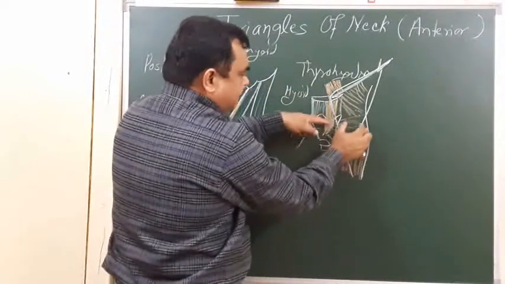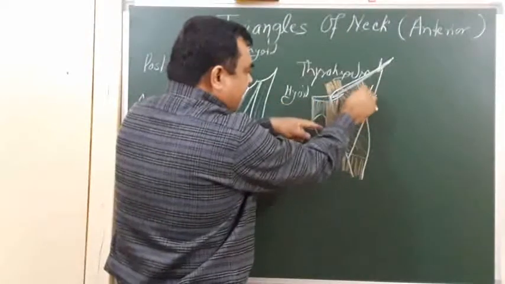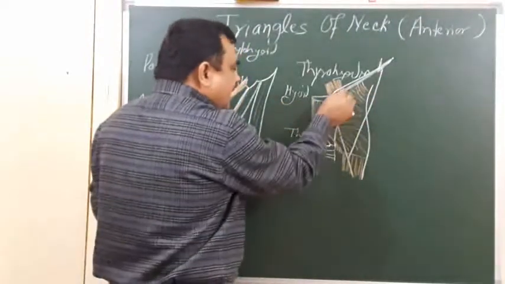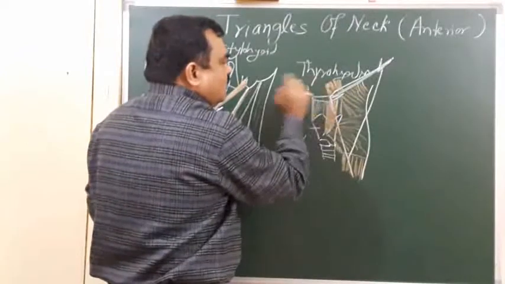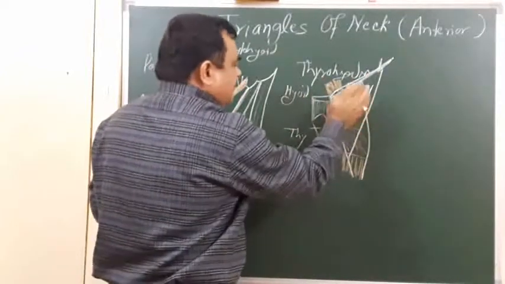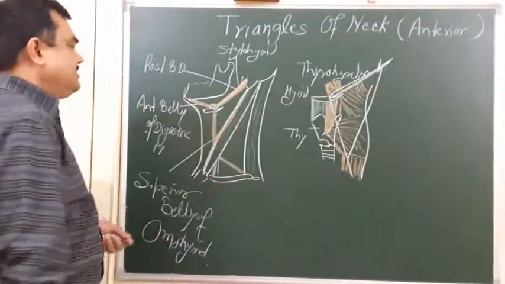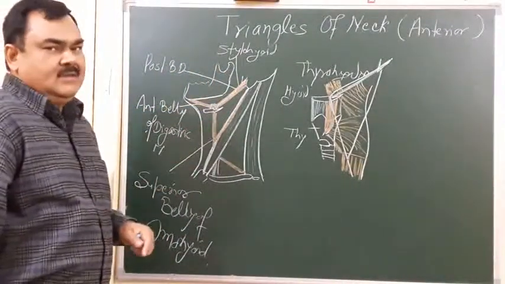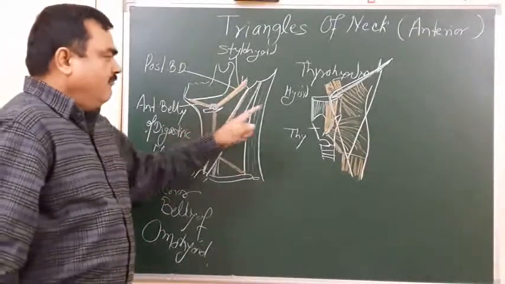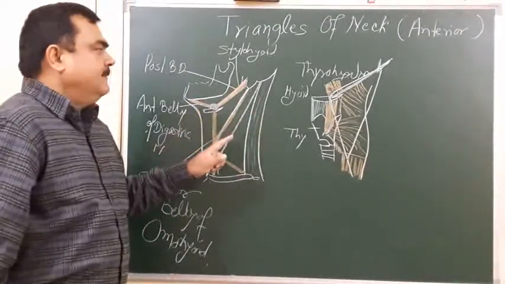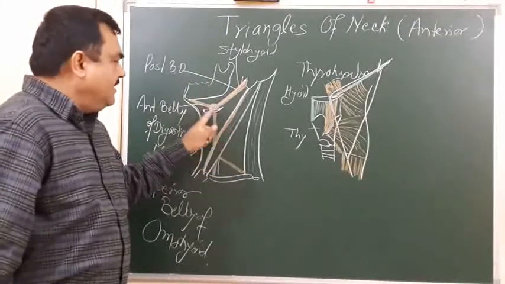This muscle is present, and here is the middle constrictor of the pharynx. This muscle is present, and some part of this muscle, this is the hyoglossus. So these structures are present in the floor of this triangle. So you have seen the boundary, floor, and roof. Now we will discuss the contents of this triangle.